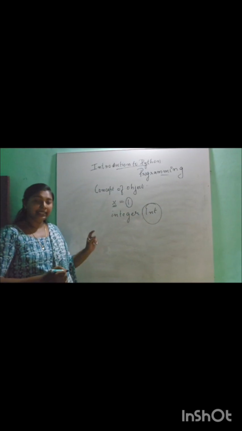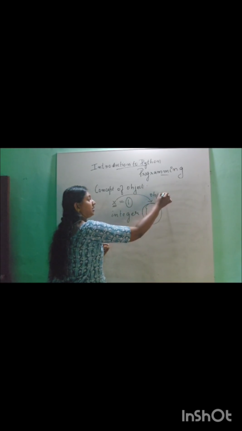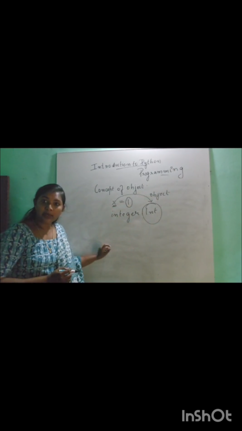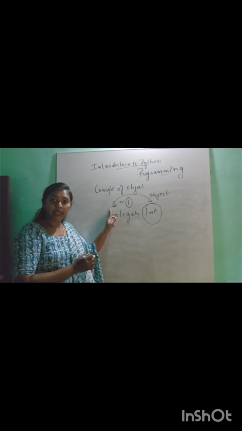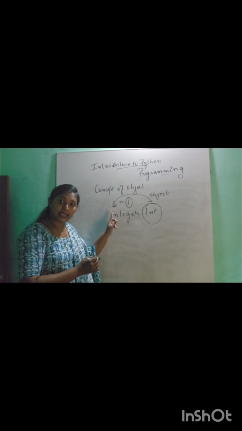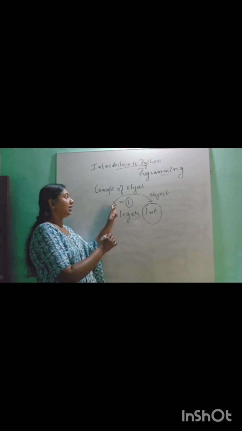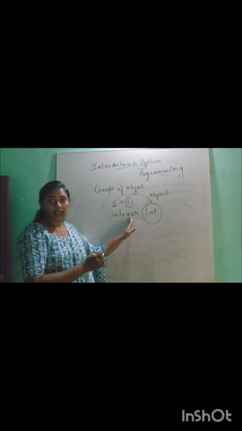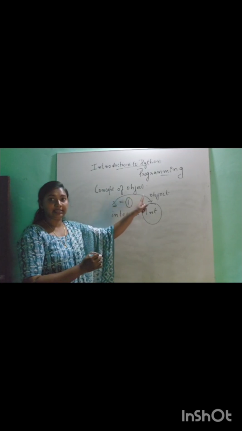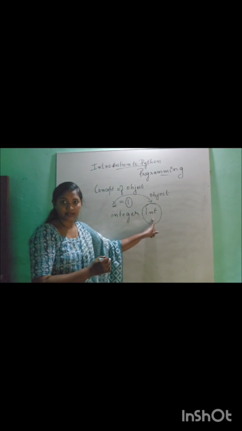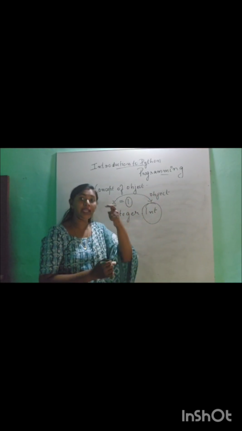Not just a variable, it is an object of class int. Every variable or data item in Python, whether it is a variable, a function, or a constant, is an object. So x is an integer variable, and in Python we say that x is an object of class int. Every object has a unique ID.